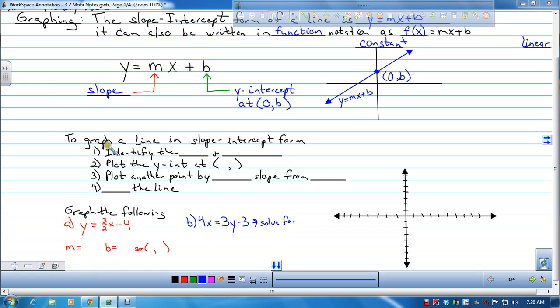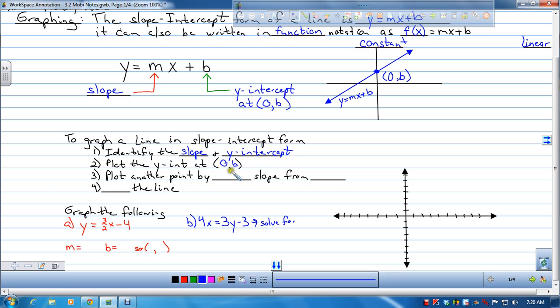Okay, so let's graph a line in slope-intercept form. The first thing we're going to do is identify the slope and the y-intercept. Well, that should be easy enough. It's simply recognizing two numbers, right? The next thing we're going to do is plot the y-intercept at (0, b).